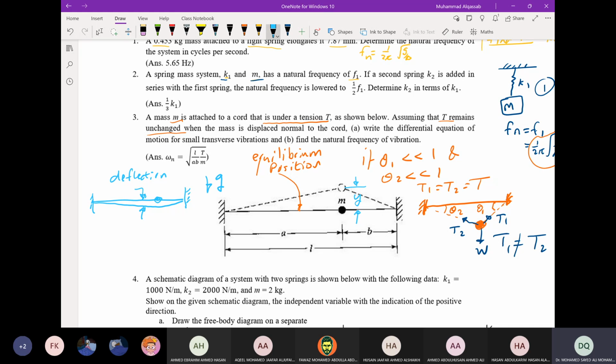If you consider the weight of the cord, the sag, and the changes in the tension, that becomes a completely different problem. But the assumptions we are making make the problem a single degree of freedom. Deflection is very small. Okay, you can neglect it under static.